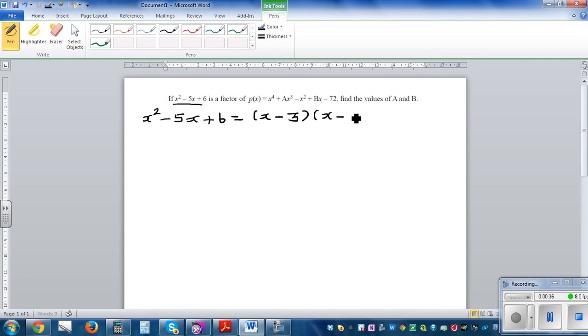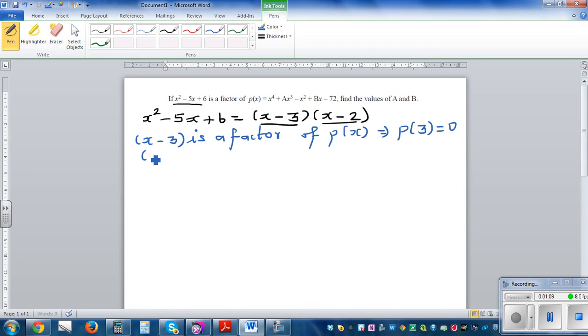So now I can say x minus 3 is a factor of this polynomial and x minus 2 is a factor. So let's take one at a time. So what are we saying? x minus 3 is a factor of p of x, which implies p of 3 is going to be 0.